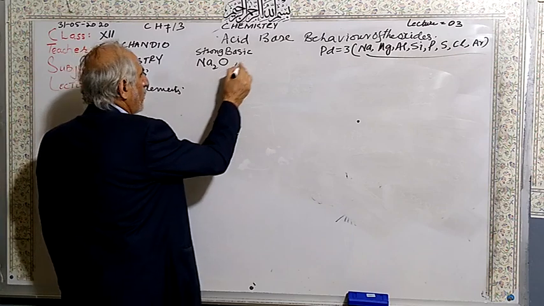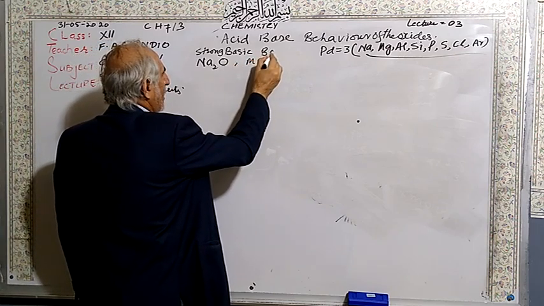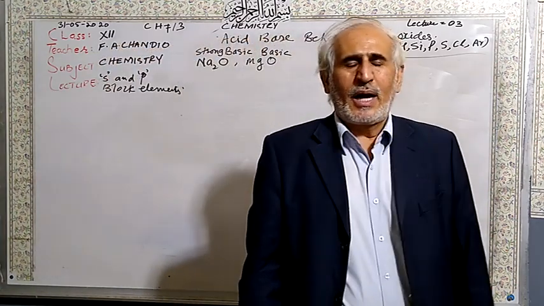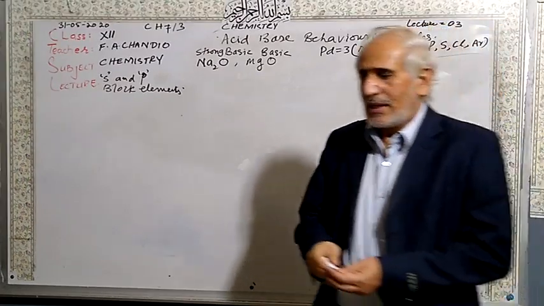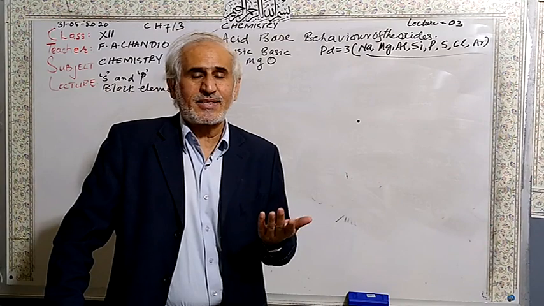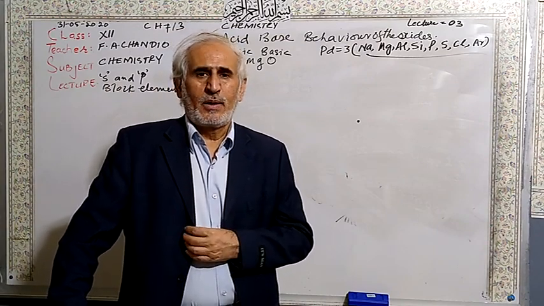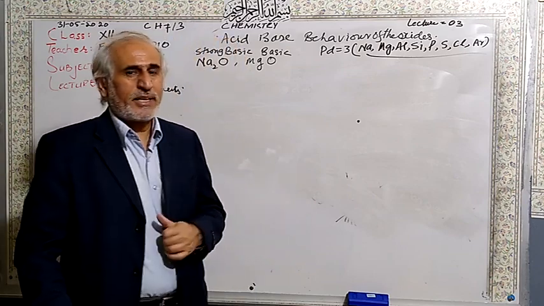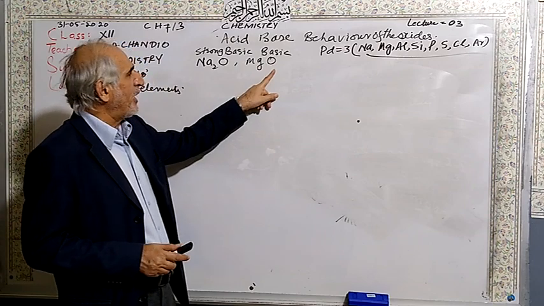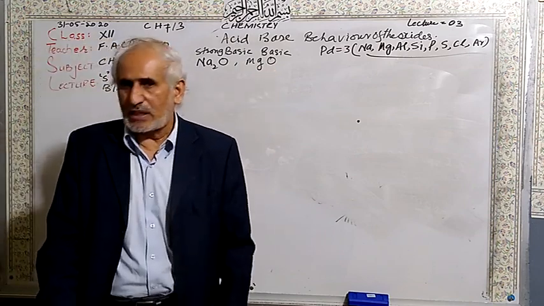Then magnesium oxide is only basic, because in the period atomic size decreases, electropositive character decreases, electronegative character increases. So basic character decreases as we go from left to right. That's why magnesium oxide is only basic.